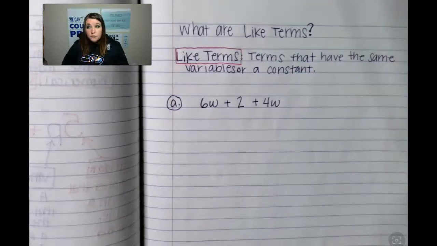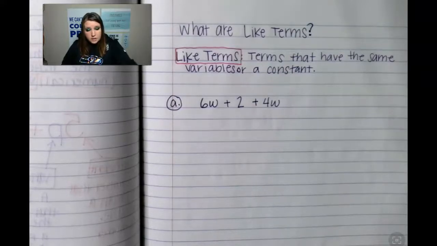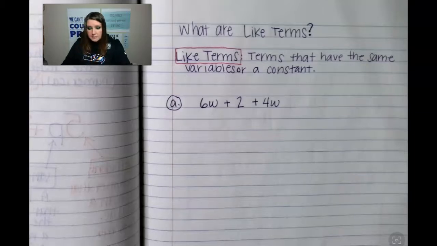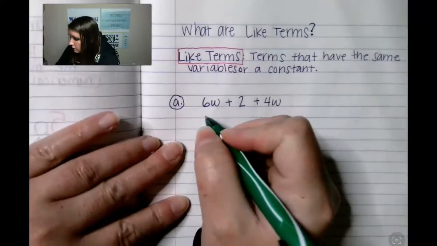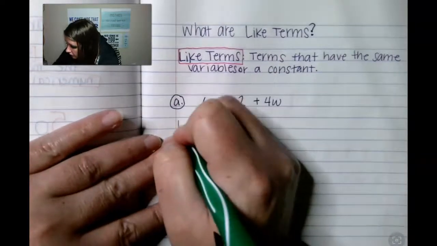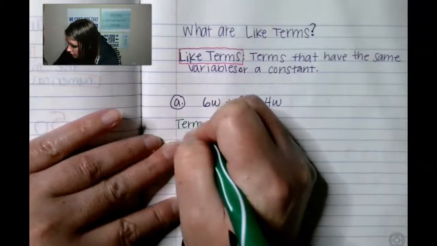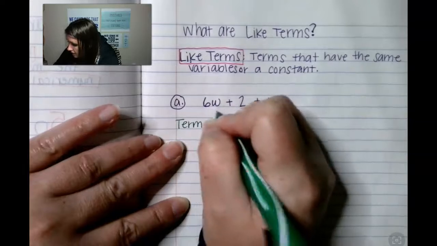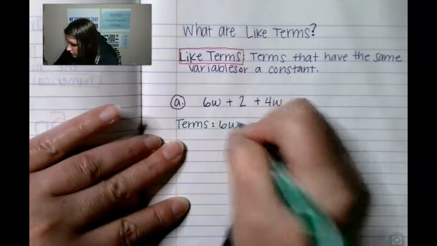In this, we're going to list the terms. So first we're going to list what are the terms that we see here. Remember, the terms are the parts that make up the expression. We have a 6W, there's one term.